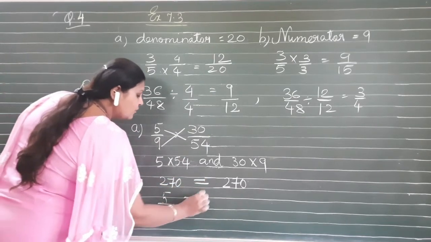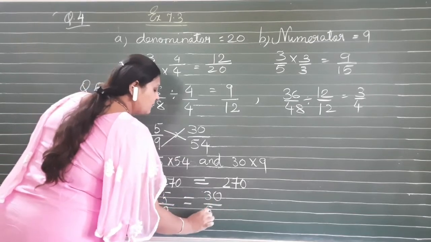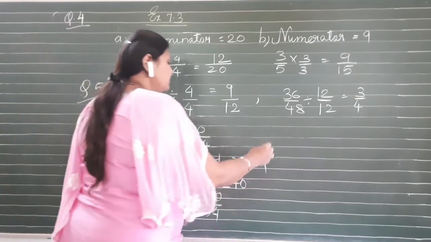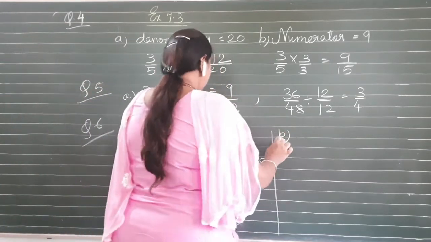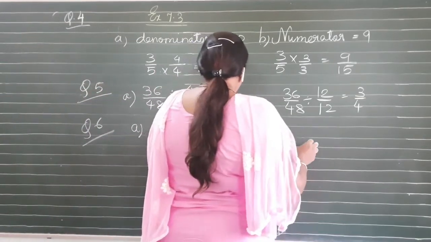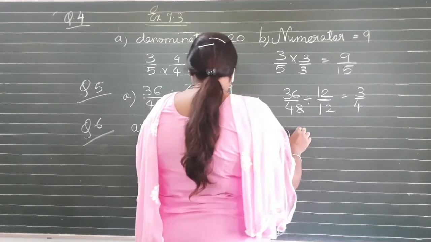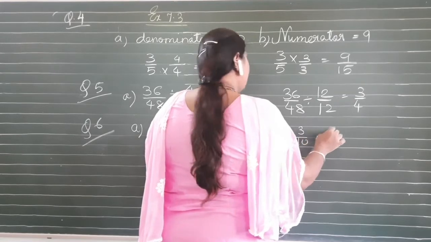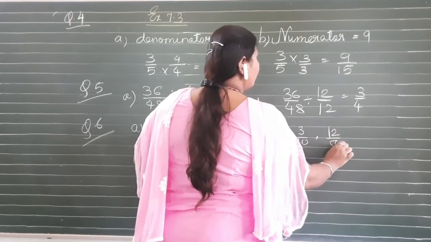upon 9 is equal to 30 upon 54. Same way, second sum, B, it's 3 upon 10 and 12 upon 50.